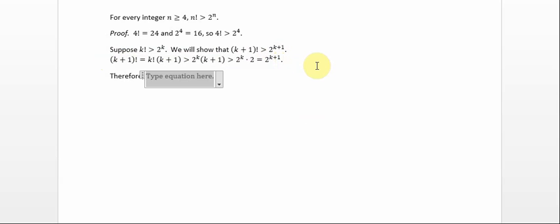Therefore, n factorial is bigger than 2 to the n for every integer n that's at least 4. Okay. So those are two examples that use induction, and it's a different way of thinking. You're not proving this directly.